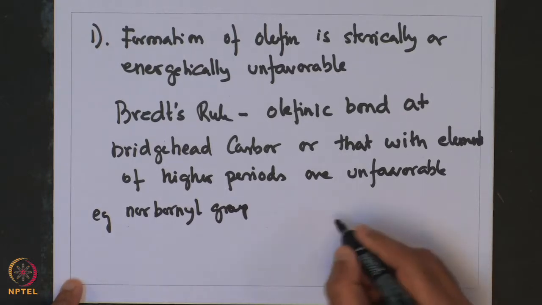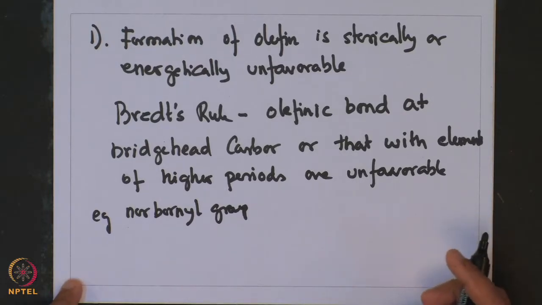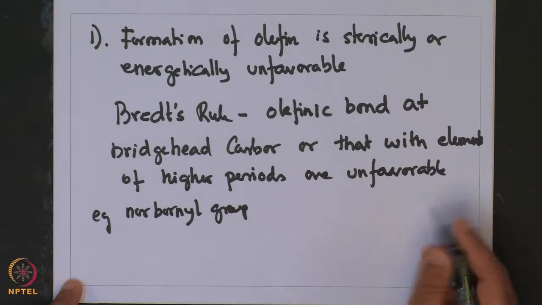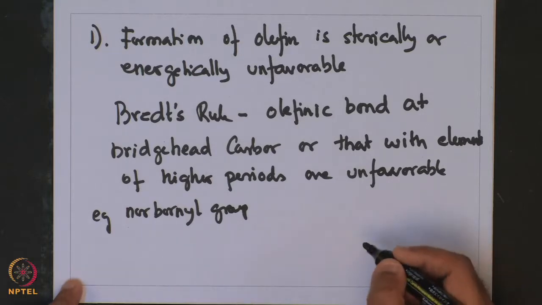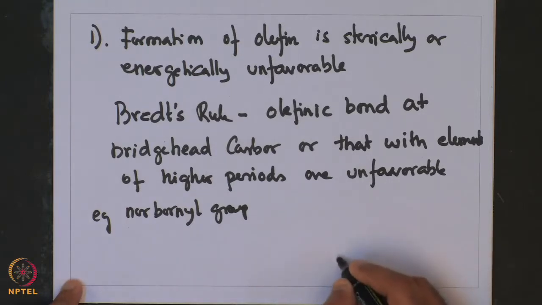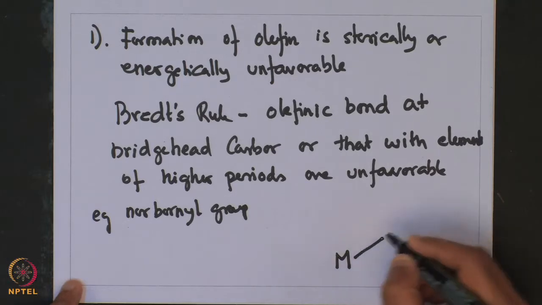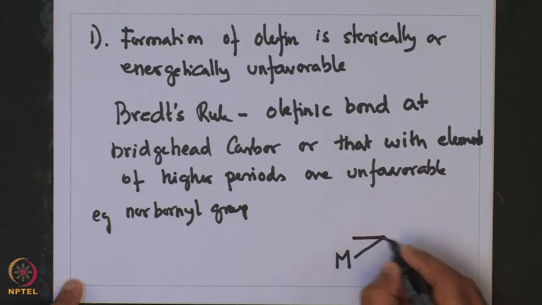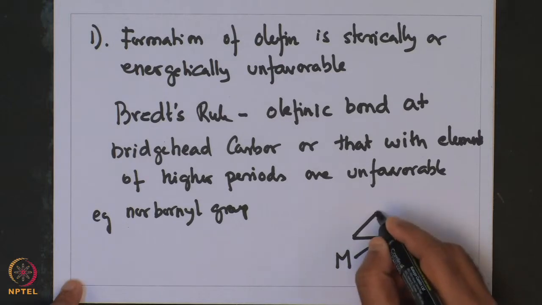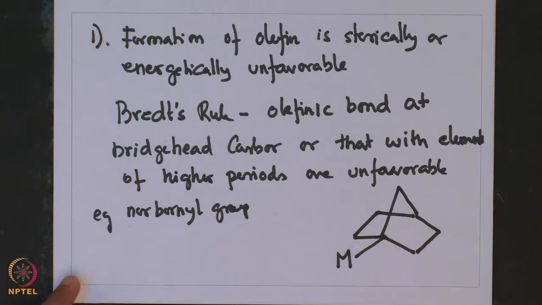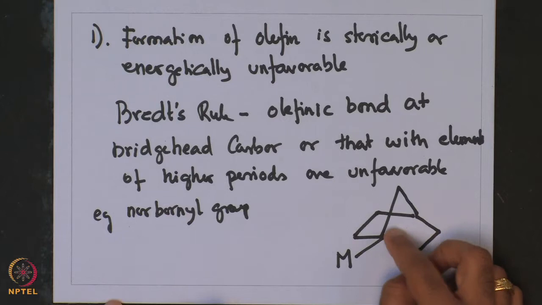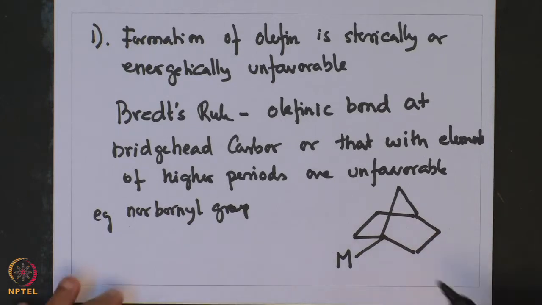So, the norbornyl group does not undergo beta elimination because the olefinic bond would be formed at the bridgehead carbon. Let us take a look. If an olefin were to form, so this has a beta hydrogen.